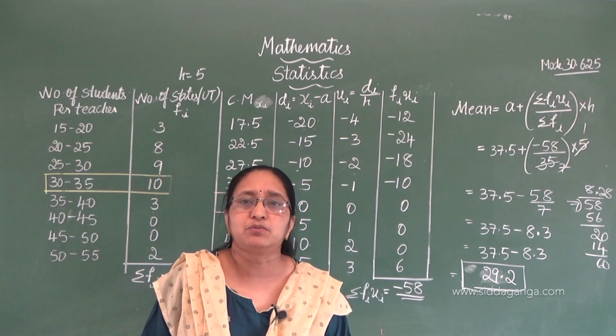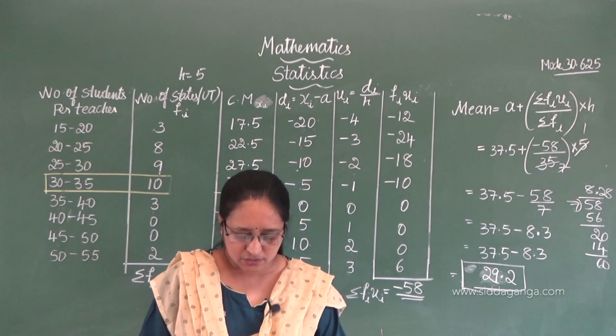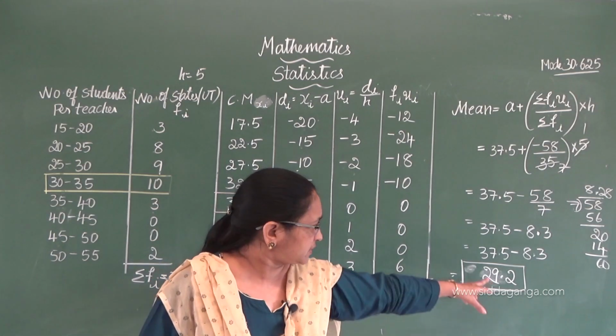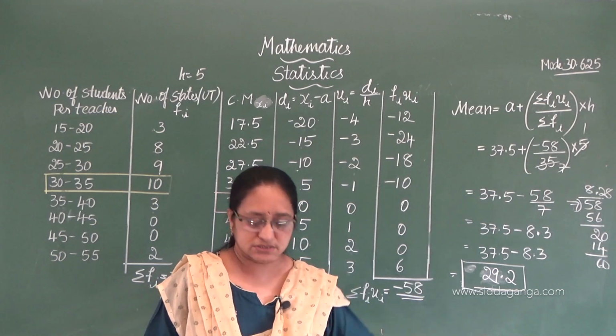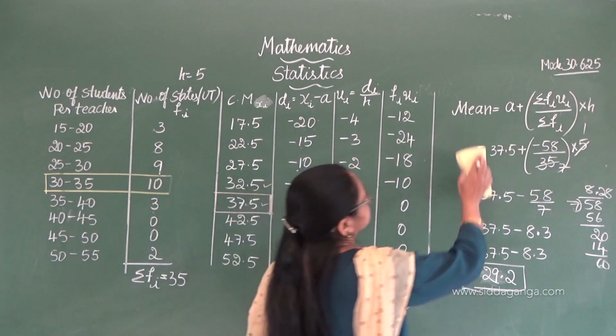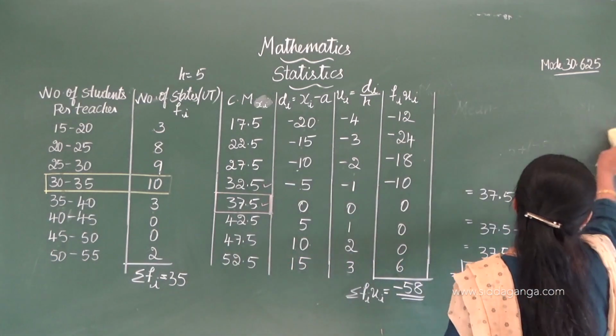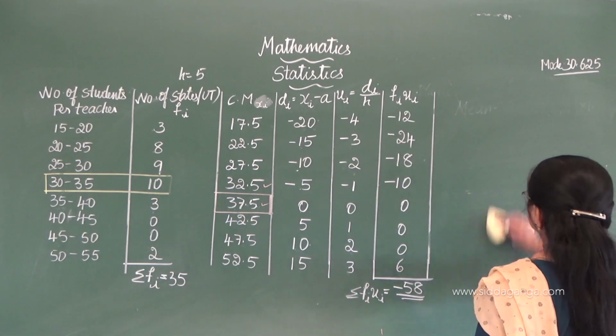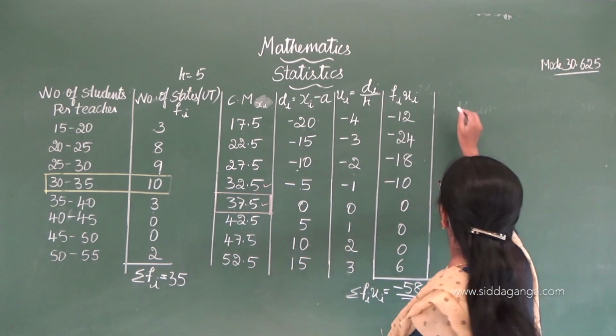That is nothing but mode. Okay, and on average the ratio will be 29.2. So that is the conclusion. So you write the conclusion here. Shall I rub this and write interpretation? So you put the heading like this: interpretation.